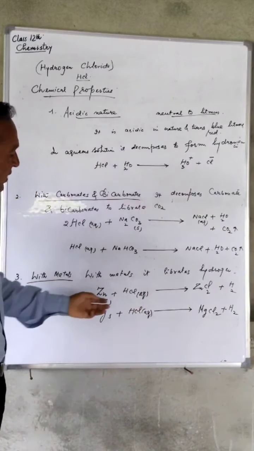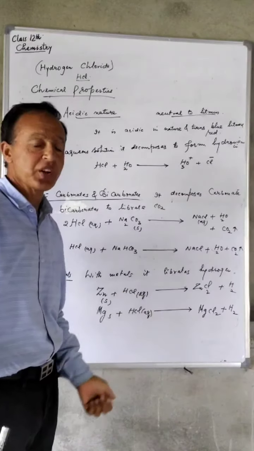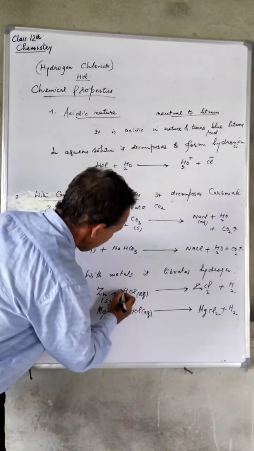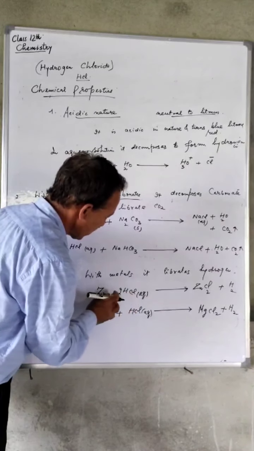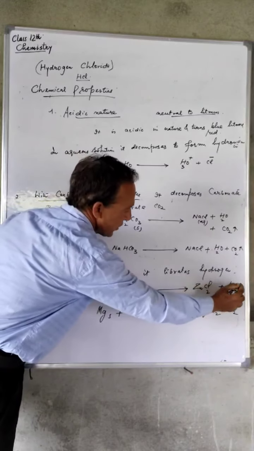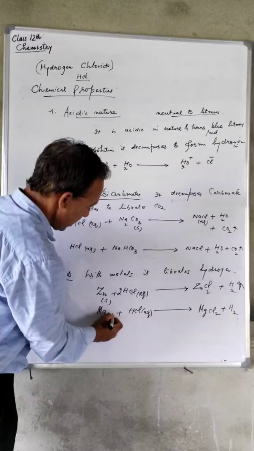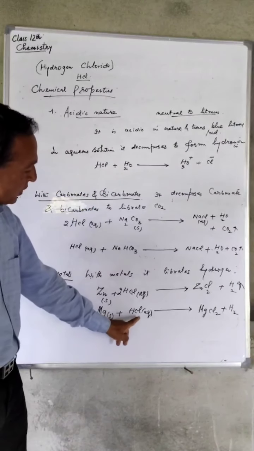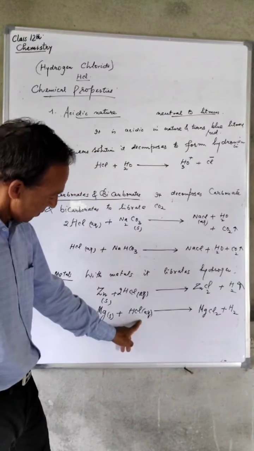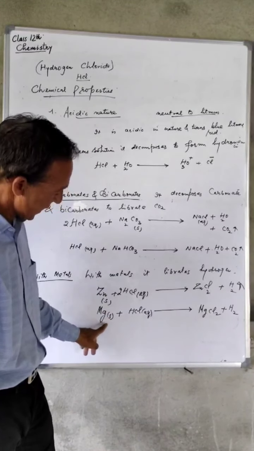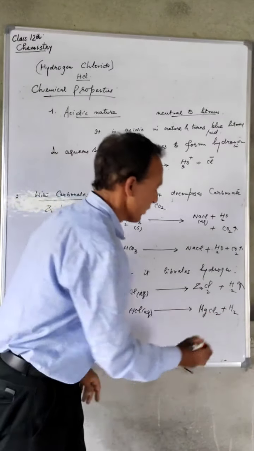Aqueous means we are dissolving HCl gas in water to form the aqueous solution of HCl. To balance, zinc chloride ZnCl2 with two HCl, hydrogen in the form of gas is liberated. Similarly, magnesium, which is solid, when taken in hydrochloric acid, reacts to form magnesium chloride plus hydrogen gas.